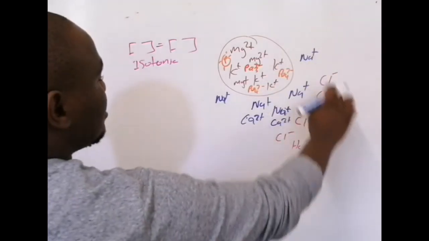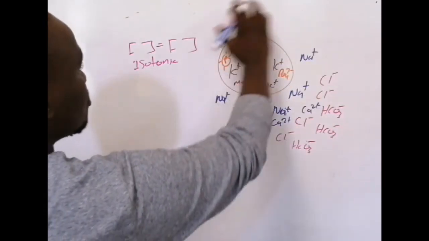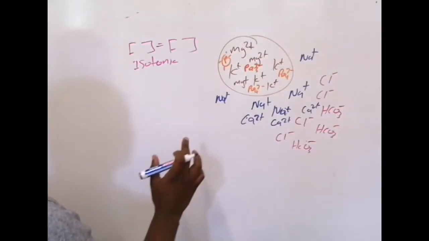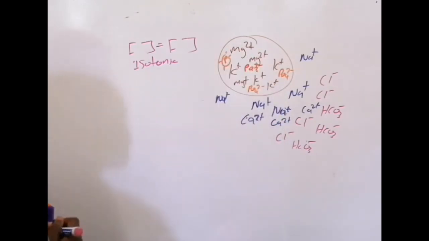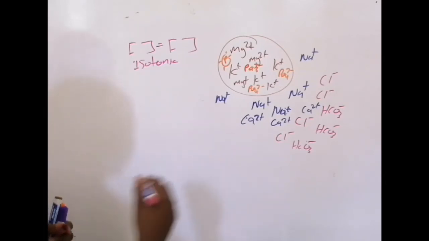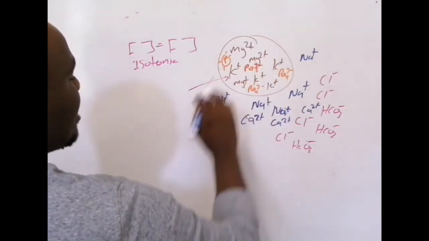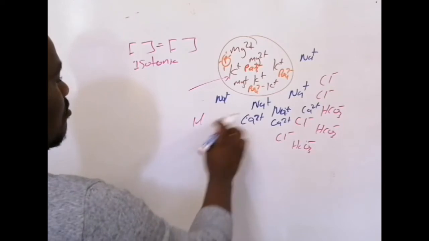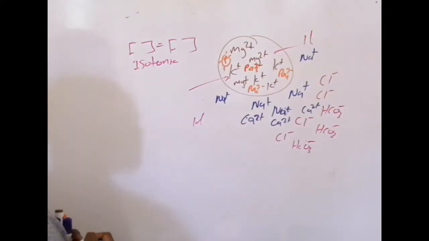The total concentration of all these solutes around this cell should be equal to the concentration of the solutes inside that cell, so that there is no net movement. Water will move, but there won't be a net movement. Meaning, if, let's say, this is 28 liters, and 1 liter moves inside, then 1 liter should leave.